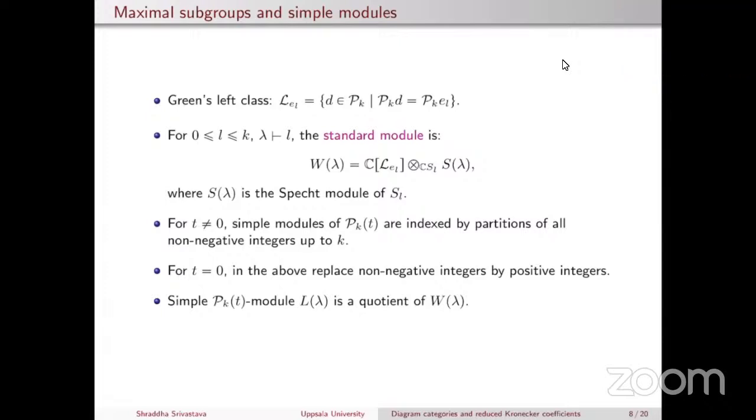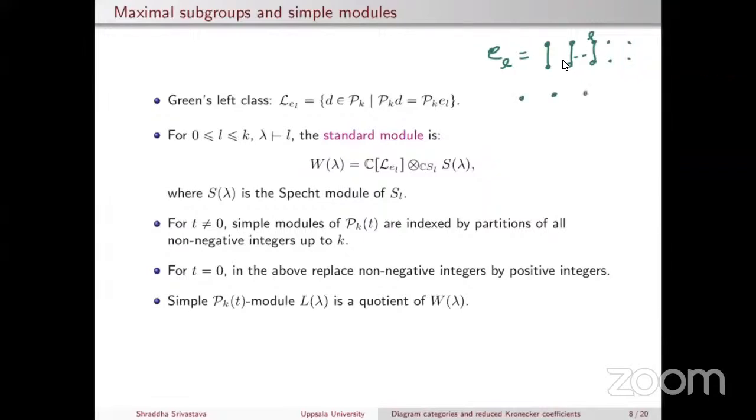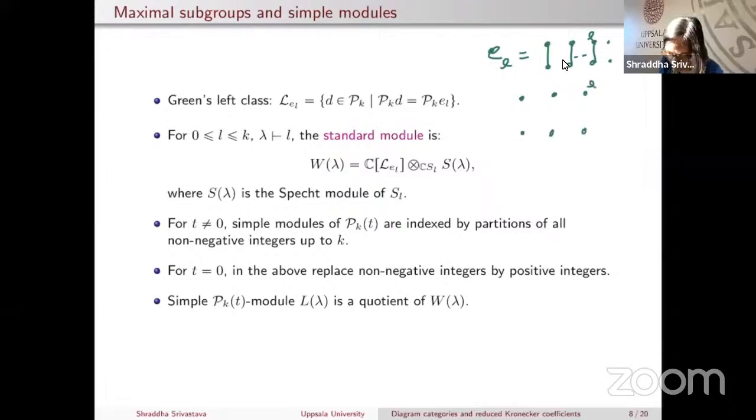I just had a question. I just wanted to know what kind of elements occur in the left class. Is it a subset? Yeah, it's easy to see. For that, you need to recall your EL. Your EL is identity up to L and then something. On the bottom, from L plus 1 all the way to K, it will be all singletons because they were all singletons here.